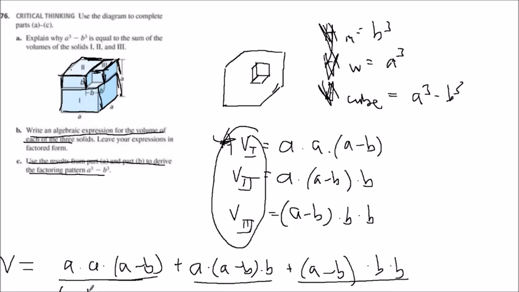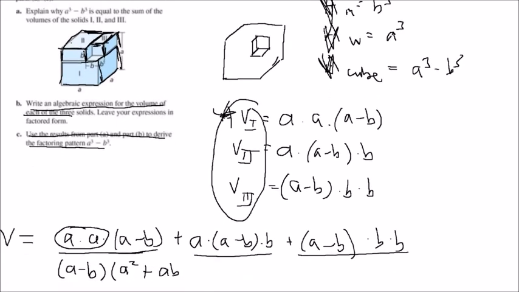Then we have a minus b out here, and then we'll have these two missing. So a times a is just a squared, right? And there's a plus, and then there's an a and b missing right here, so it'll just be ab. And then we have our final two b's right here, so that'll be b squared.